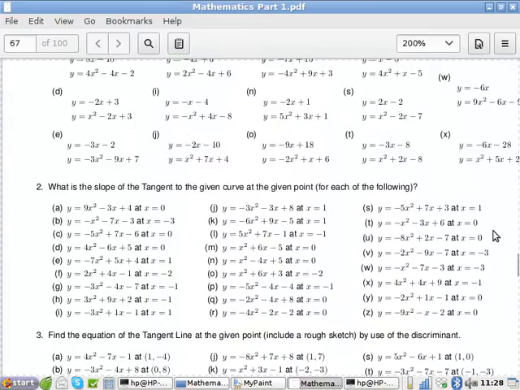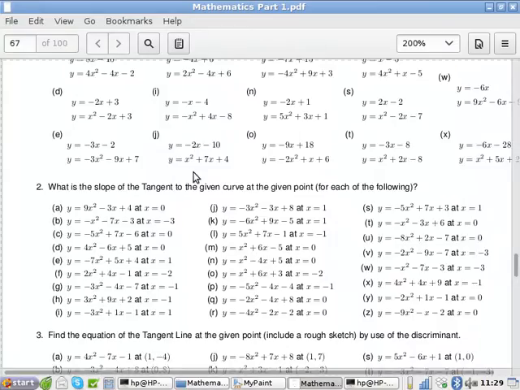Now, this lesson, I only want to spend a little time on it and then start the next lesson, because this lesson is not on the exam, but the ideas in it are important for the chapter. So we'll move on to the next lesson after you try one of these for yourself. So I just want everybody to do 2B now, and then we'll move on to the next lesson.